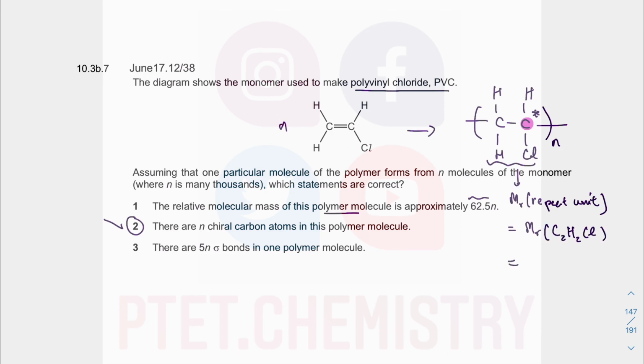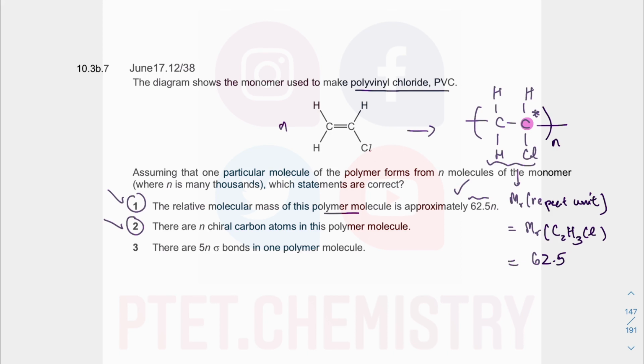If you use your data booklet, your periodic table, 12.0 times 2 plus 3 times 1.0 plus 35.5. I got 61.5 at first, and then I realized that I had counted the hydrogen incorrectly. There are 3 hydrogen, so 62.5. Because you have n times the repeat unit, it's 62.5n, so that is actually correct.